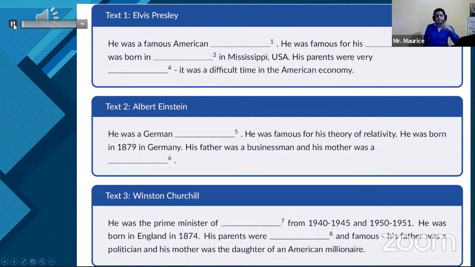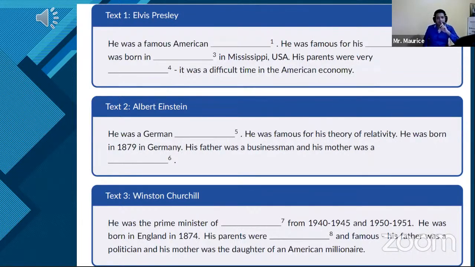Elvis Presley. He was a famous American singer. He was famous for his music. He was born in 1935 in Mississippi, USA. His parents were very poor. It was a difficult time in the American economy. Albert Einstein. He was a German scientist. He was famous for his theory of relativity. He was born in 1879 in Germany.